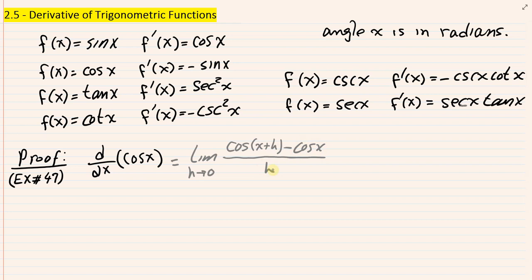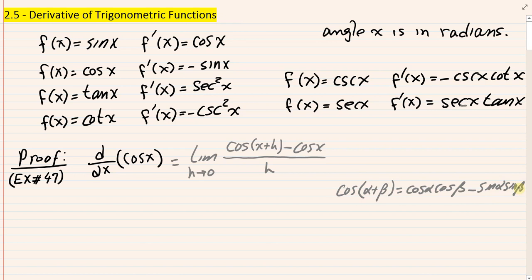Now in the numerator we have this cosine x plus h. We can work this using the sum formula, the addition and subtraction formula for cosine. If you recall, cosine of alpha plus beta is going to be cosine alpha cosine beta minus sine alpha sine beta.